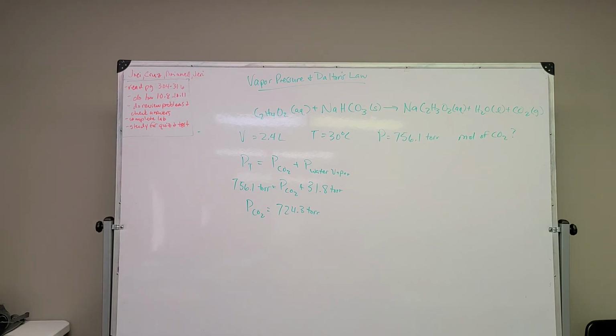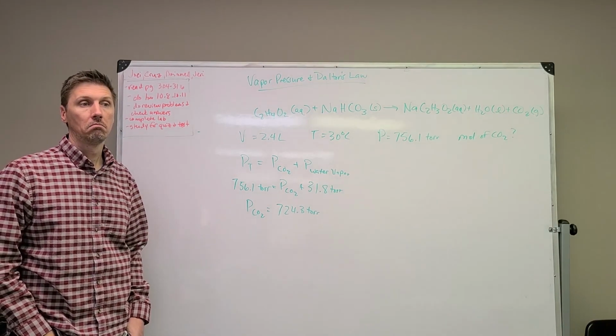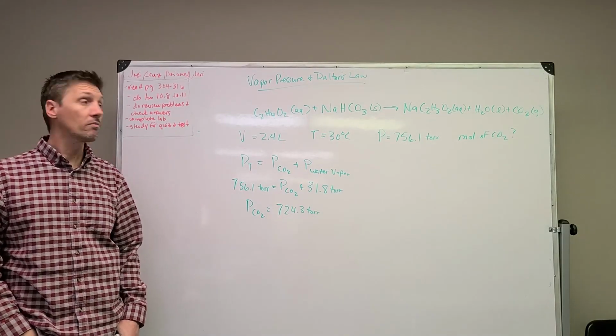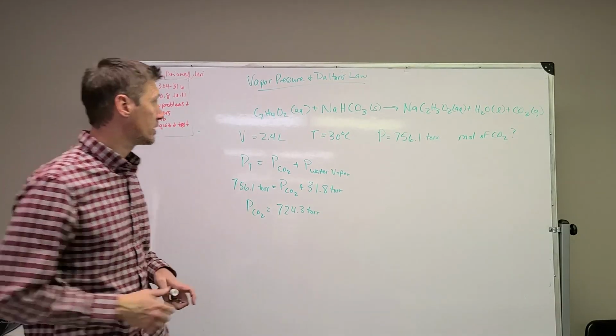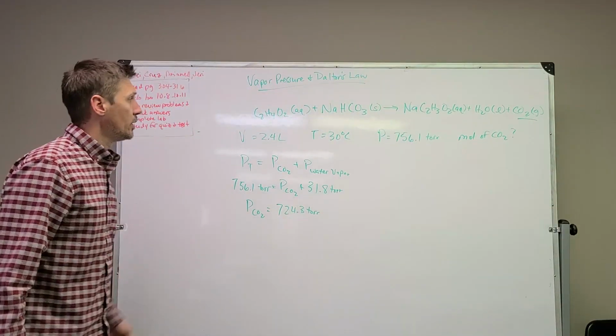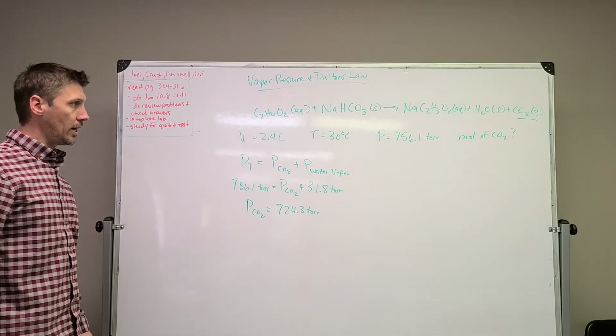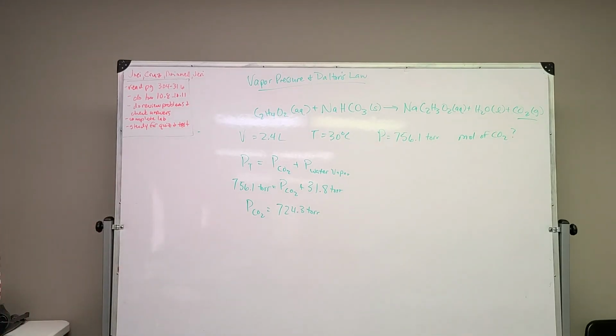Now, the problem asked us for what? Number of moles of carbon dioxide. So we're focused on this gas right here. We have all of these values, and we've determined the pressure of the CO2 gas specifically.